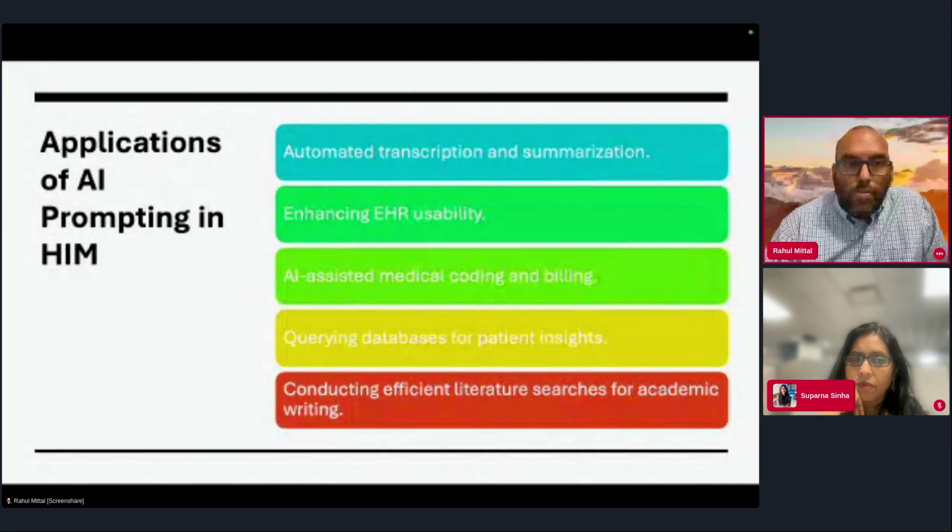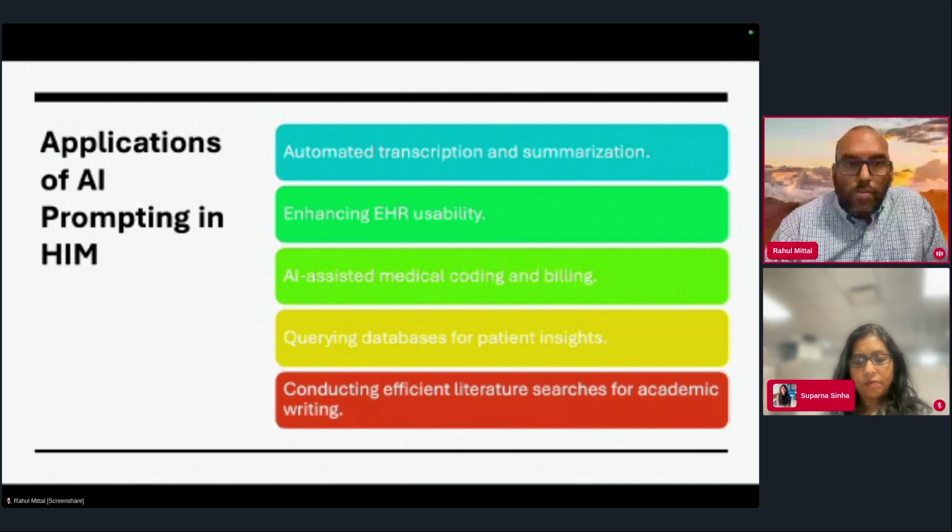One of the things we've been trying to do is apply prompt engineering to all these different areas of the course.